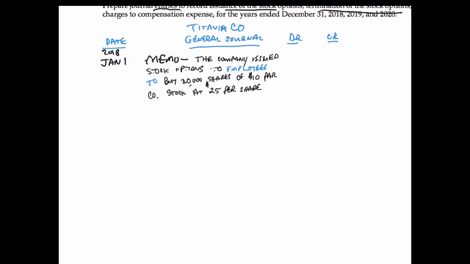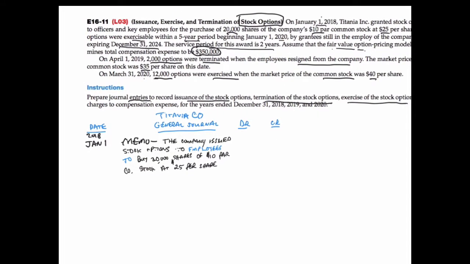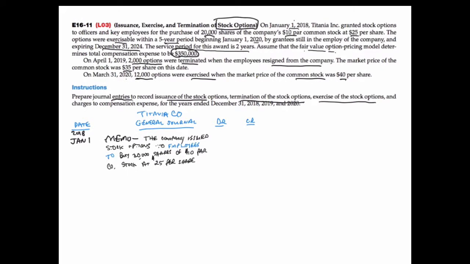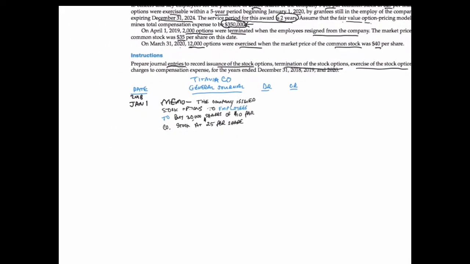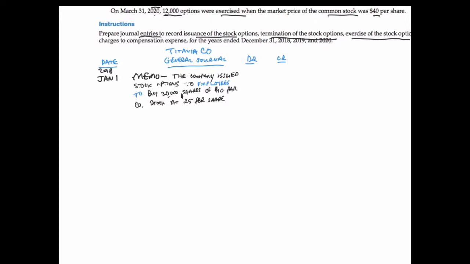Then at the end of the first year, we recognize that the value of these stock options is $350,000, and that they're going to give us service for this value over 2 years. So at the end of 2018, December 31, 2018, we'll have compensation expense, and compensation expense reduces net income, reduces shareholders' equity.